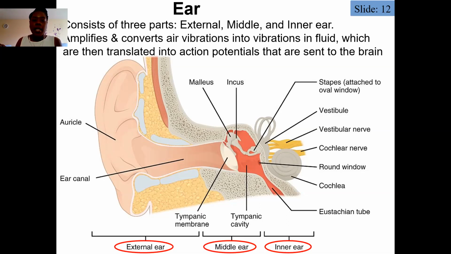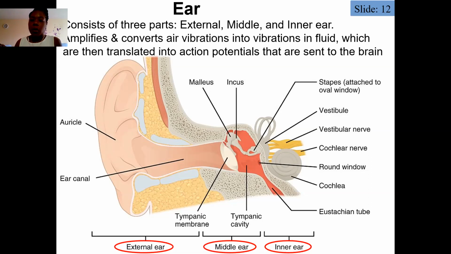As we should know, the function of the ear is to amplify vibrations and convert those vibrations into vibrations of fluid in the inner ear. That is then translated into action potentials, which are perceived as sound, depending on where it's appreciated in the brain.